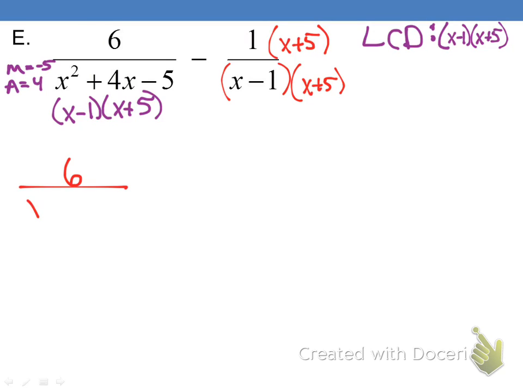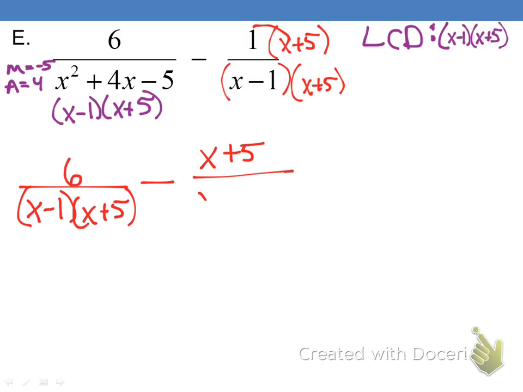That one already had both parts of the common denominator. He was good to go. Minus, what is 1 times x? What is 1 times plus 5? Plus 5, good. And then all over that common denominator.